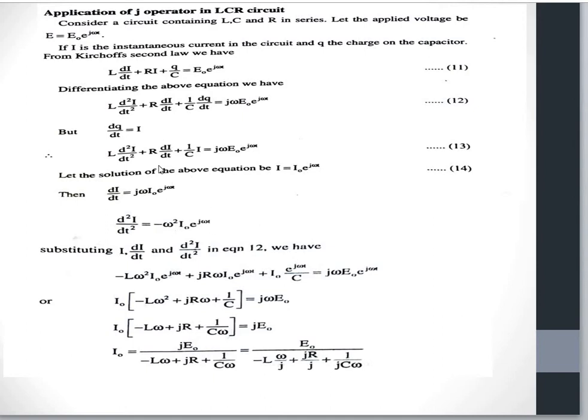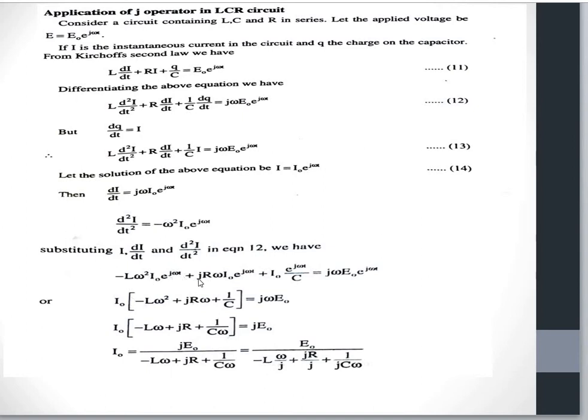When we substitute this in the equation, we get minus L omega square I0 e raised to j omega t plus jR omega I0 e raised to j omega t plus I0 e raised to j omega t by C, on the left hand side, and j omega E0 e raised to j omega t on the right hand side. I0 is common in all terms, so we can take I0 outside.